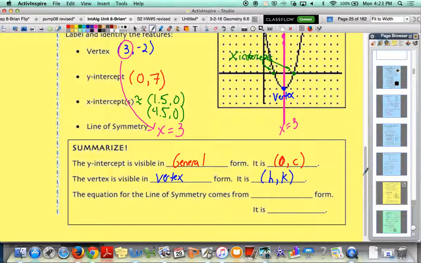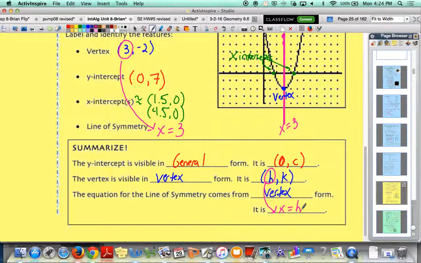The equation for the line of symmetry, again, comes from the vertex form. So the equation for the line of symmetry comes from the vertex, and we talked about this a few minutes ago when I was writing in the equation for the line of symmetry. It always matches up with the vertex x value. So whatever this is, that is going to be our line of symmetry value.